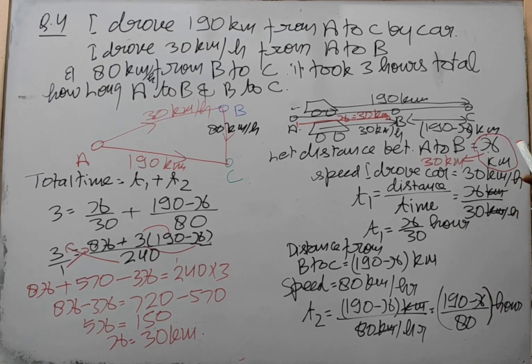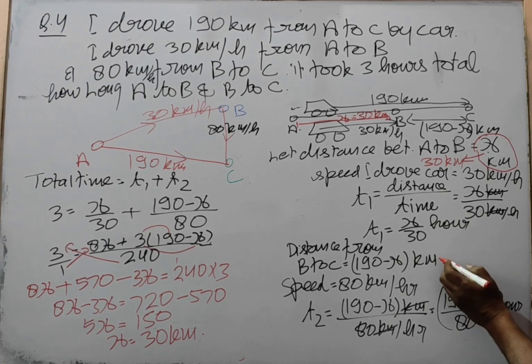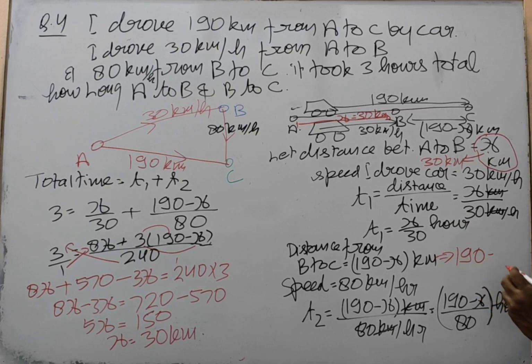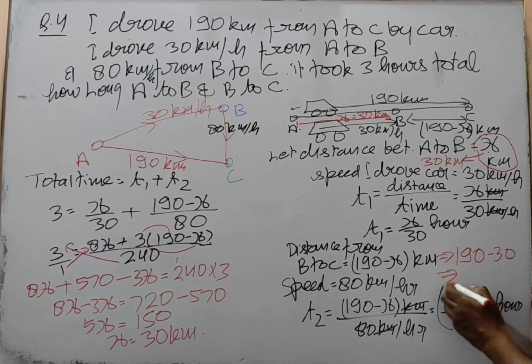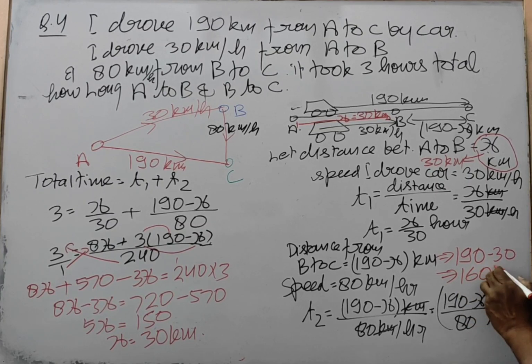And the distance between B to C is 190 minus 30, which is equal to 160 kilometers.